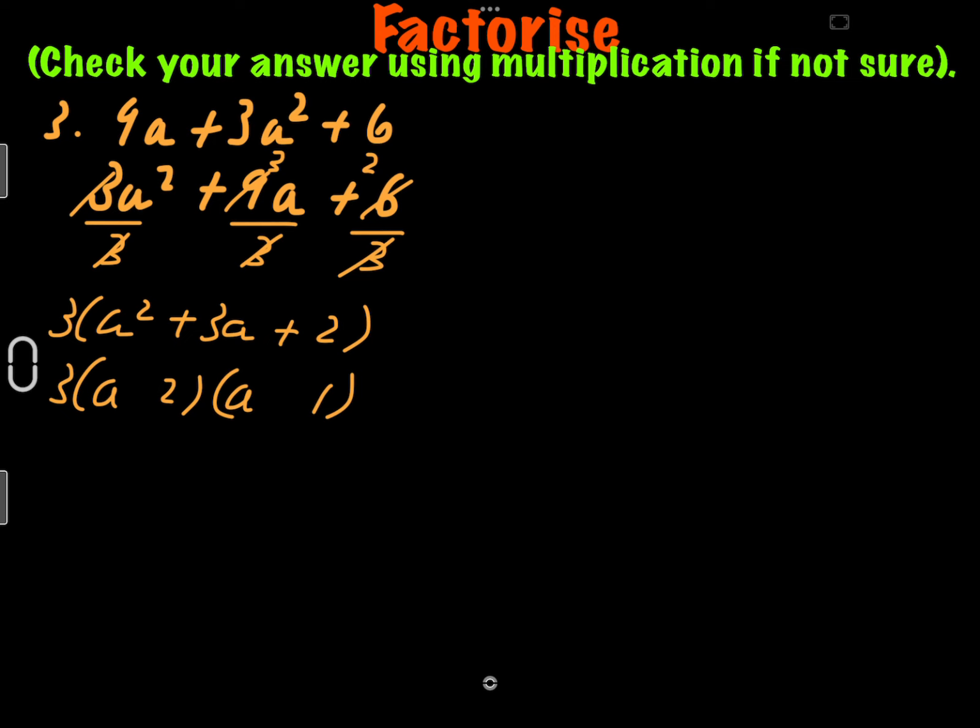I focus on 2 now, and then the operation in front of the middle term is positive, and the bigger value takes the operation in front of the middle term. So in this case it's positive. Positive multiplied by positive gives us positive. So in a nutshell, that is our answer. We have 3 multiplied by a plus 2 multiplied by a plus 1.